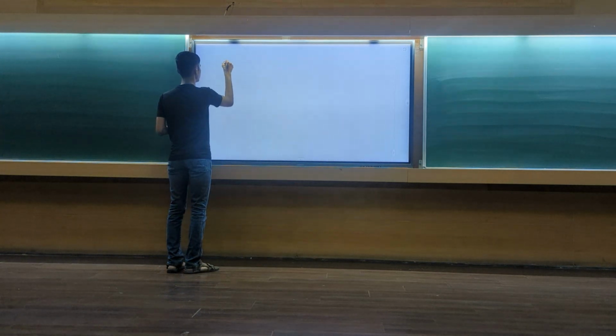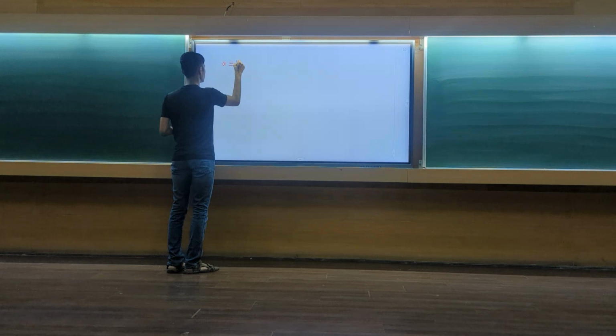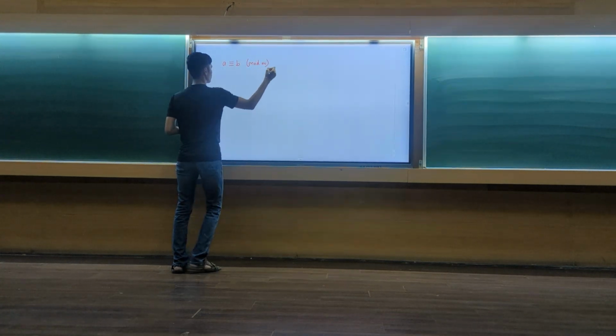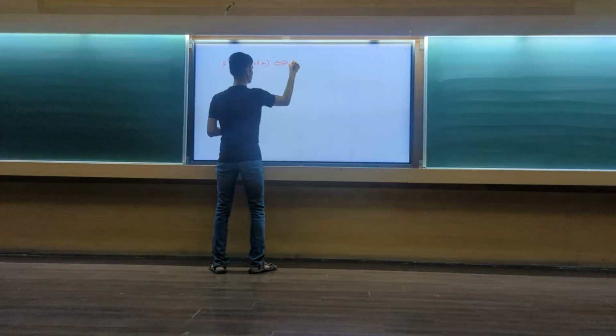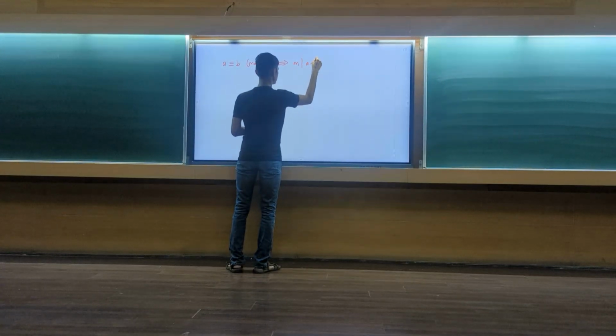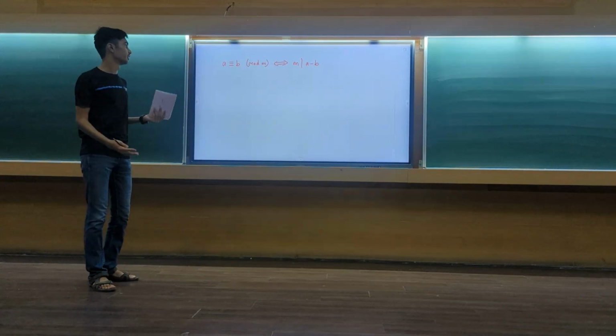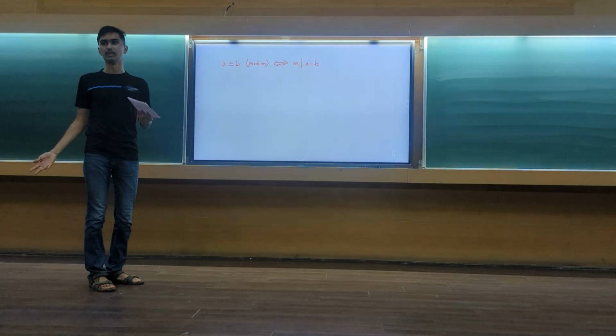We define A is congruent to B mod n. Basically, you can also think of it this way: A and B leave the same remainder when you divide them by n.